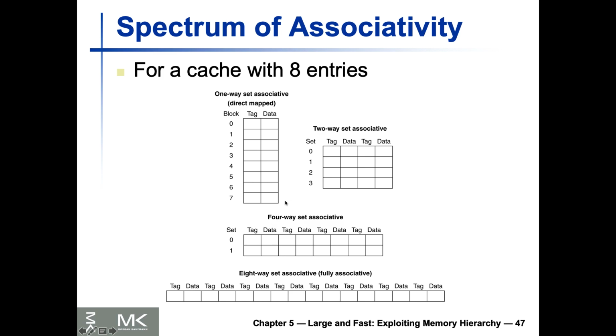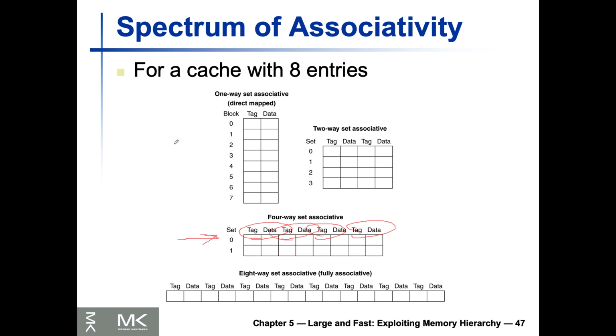So here we have 4-way set associative. So inside each set, you have 4 choices, right, to place your block. So in general, for a fixed cache size, increasing the associativity decreases the number of sets while increasing the number of elements per set, right?